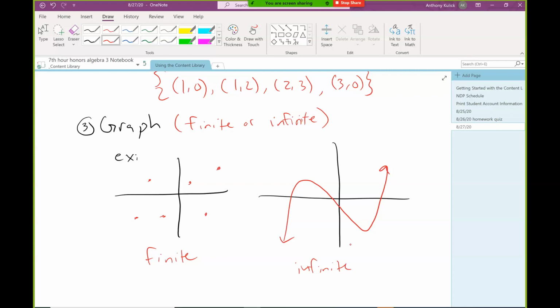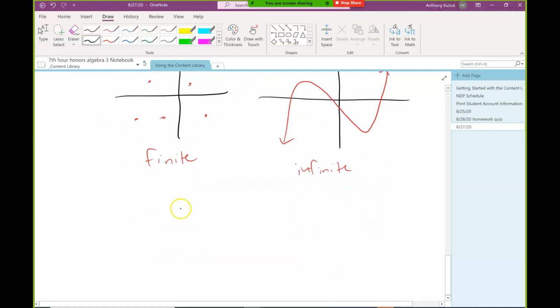However, there are some infinite relations that don't have any connected pieces to it. So let's look at one more example here. That is infinite but has no connected pieces in it.